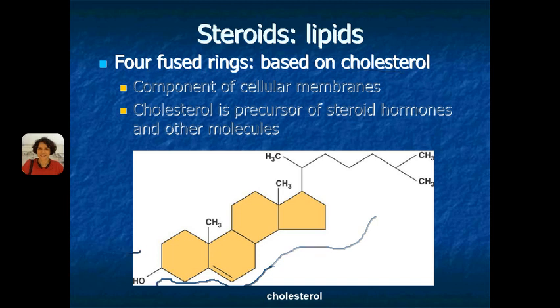Cholesterol has these 4 organic rings that you would not see in either of these other 2 categories. Cholesterol is a very important component of the membranes in animals, and it is also the precursor of all the steroid hormones. So we're going to take a brief look in the next slide at some of these steroid hormones.